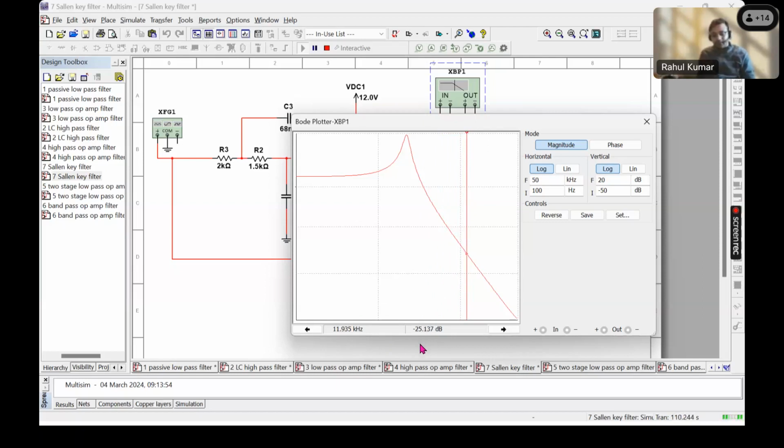So from minus 12 to minus 24, minus 25, that's around 12 dB per octave, right? So for a second order filter, we get twice the slope of a single pole filter.